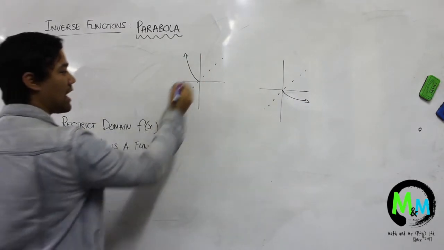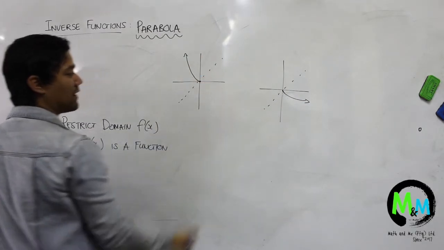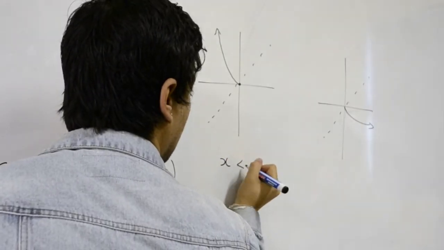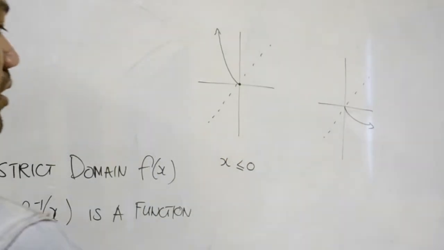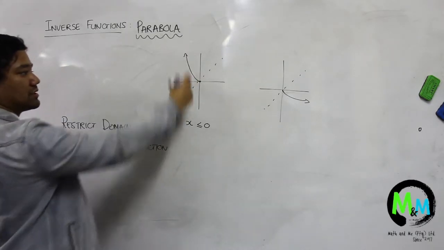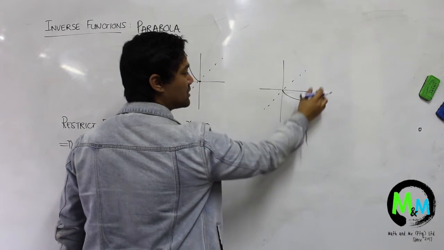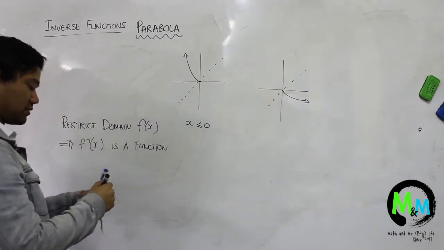So either I would need to say, what is my x value turning point? How am I restricting my domain? x needs to be less than or equal to 0, which is the black part, to ensure that the inverse of that function is a function.